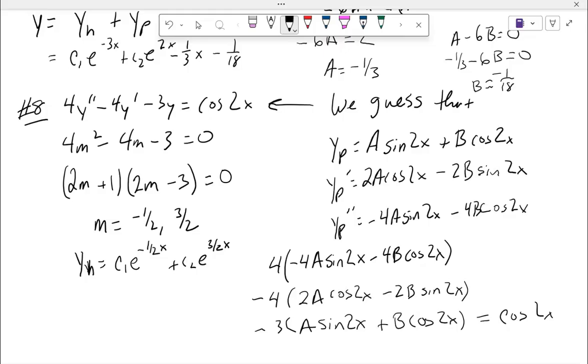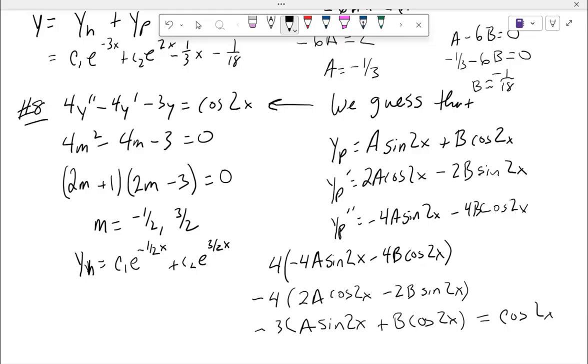What's your coefficient on the sine going to be? It's going to be that times that, a positive 8b. And here it'll be a minus 3a, right?